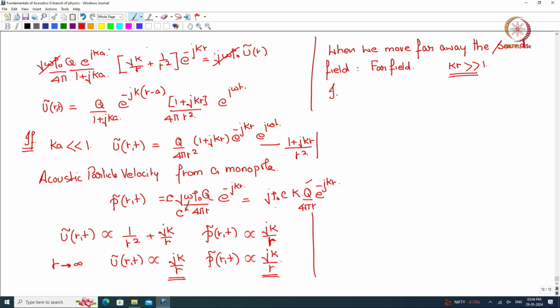So, in the far field of the monopole, the particle velocity is in phase with pressure. This is important information. This understanding is important.